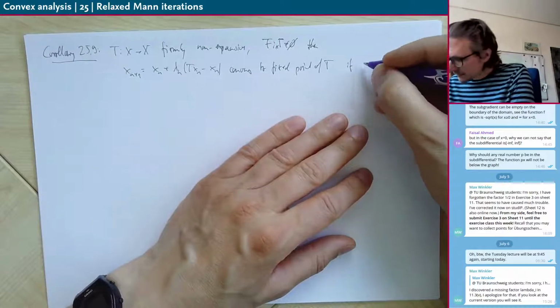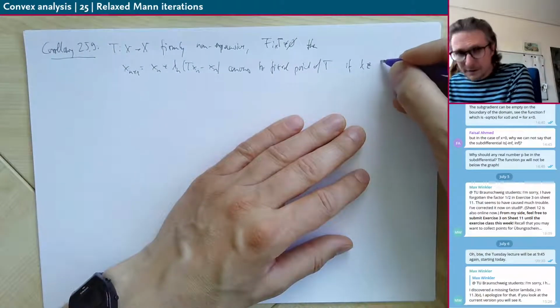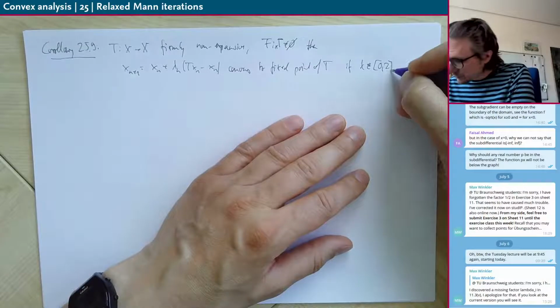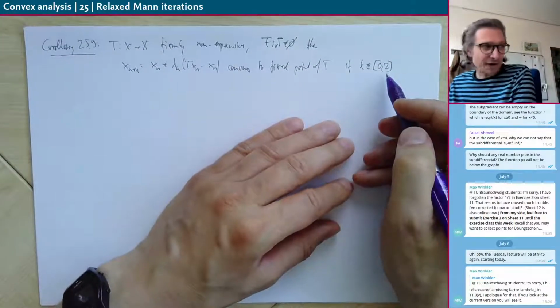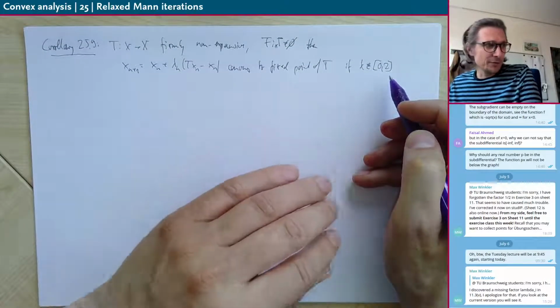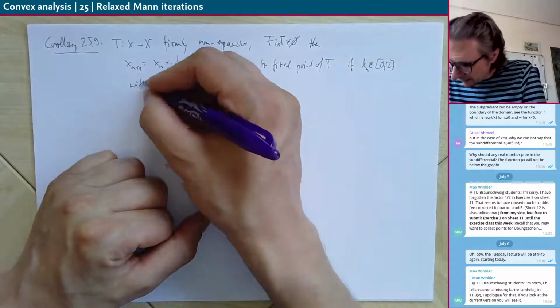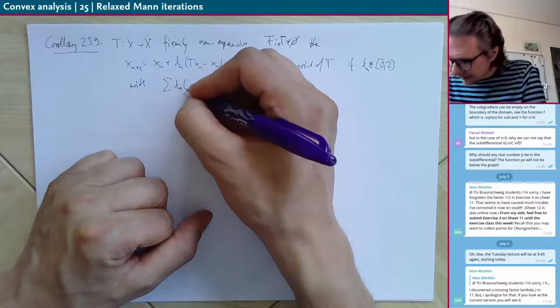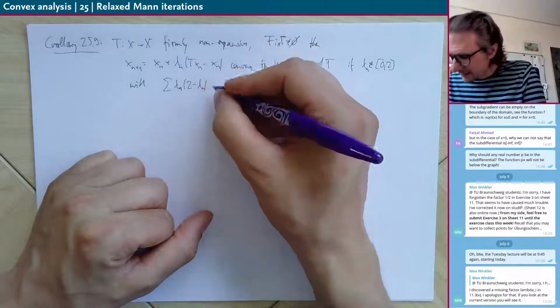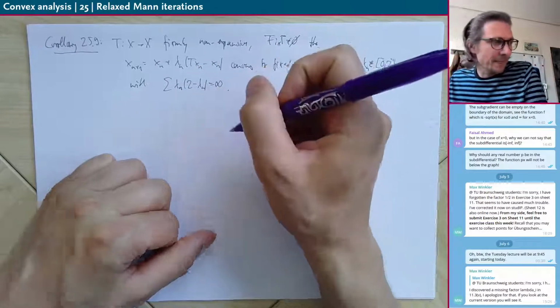if lambda_n is in the interval from 0 to 2, and this is just because of 1/2 averageness, so 1 over 1/2 is 2, with the sum of lambda_n times (2 minus lambda_n) divergent.